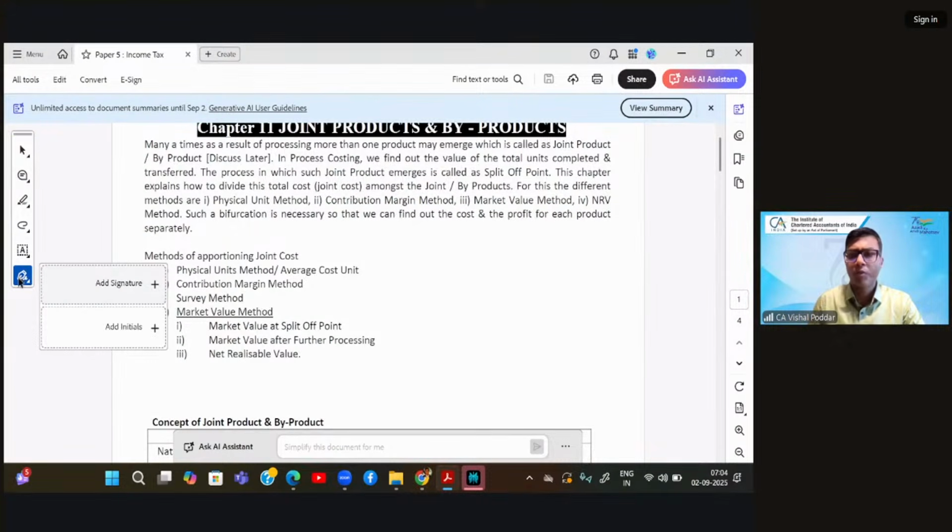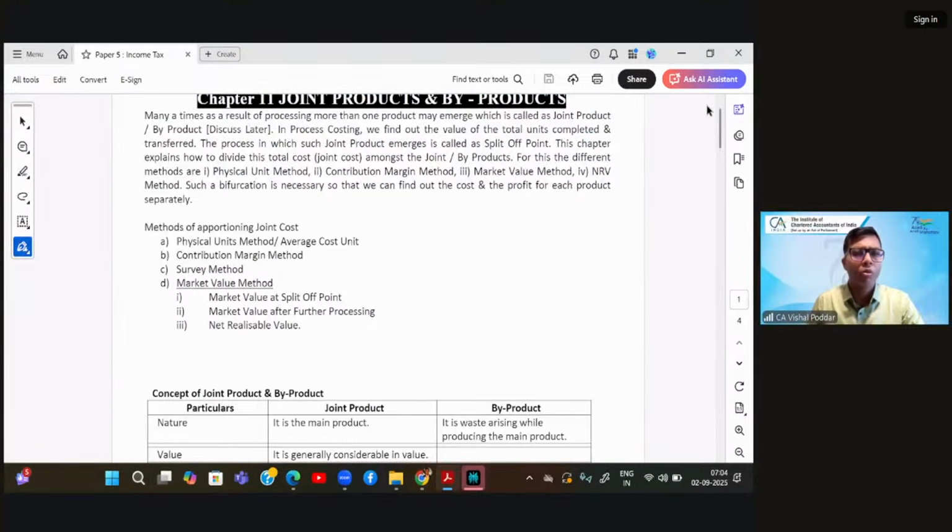This is in the overheads chapter. At the end of the overheads chapter, we studied the concept of under or over absorption. Let us say the overhead recovery rate which you calculated was not able to completely absorb the entire overheads. Because of this, some overheads were left unabsorbed. So we calculate the overhead recovery rate again to cover this balance of under absorbed overheads.